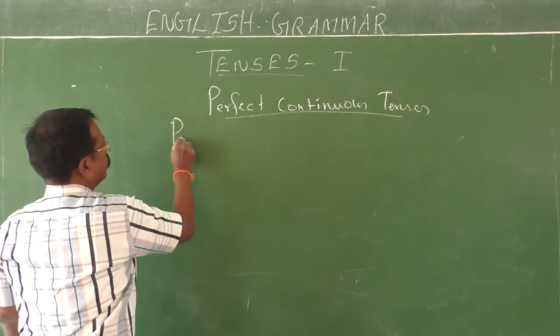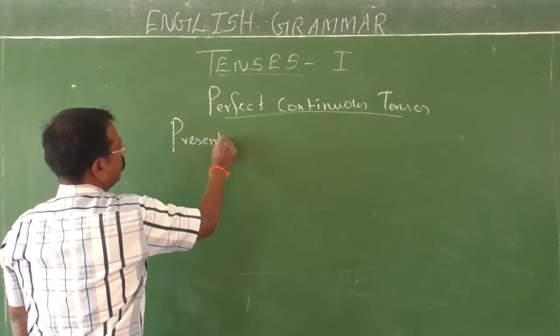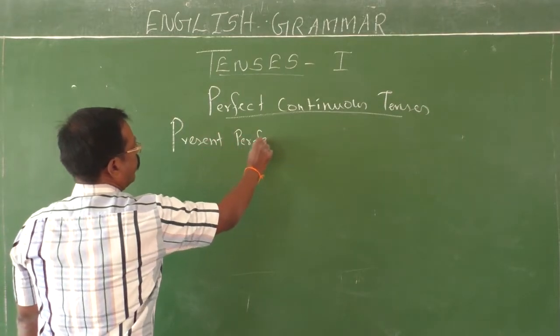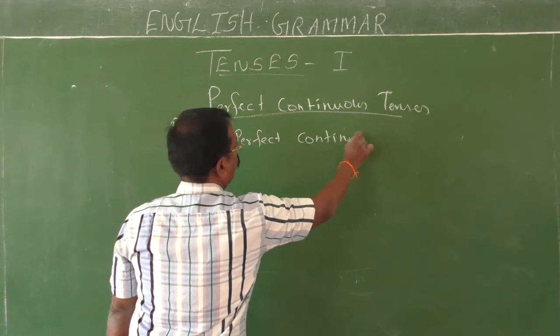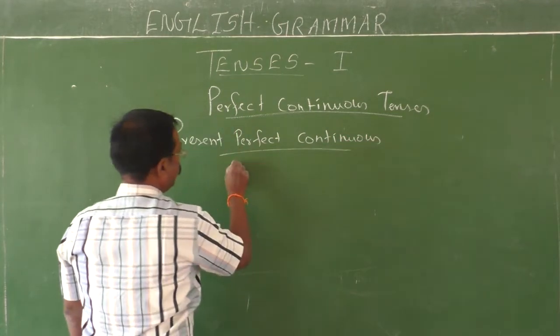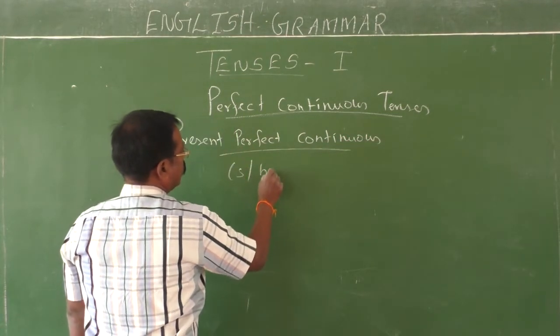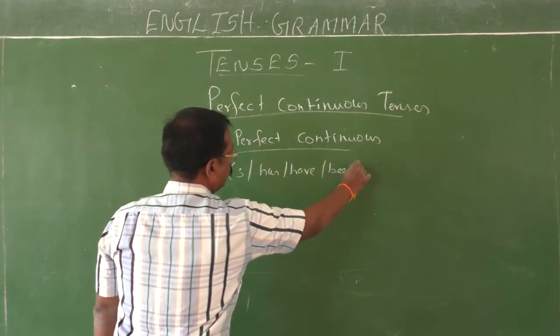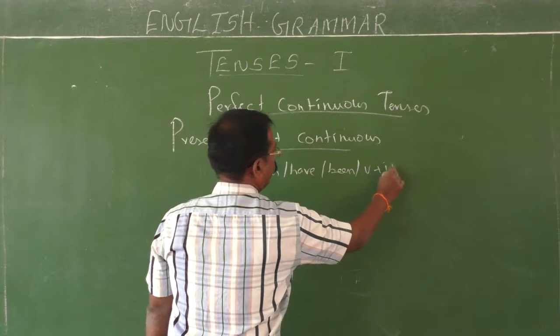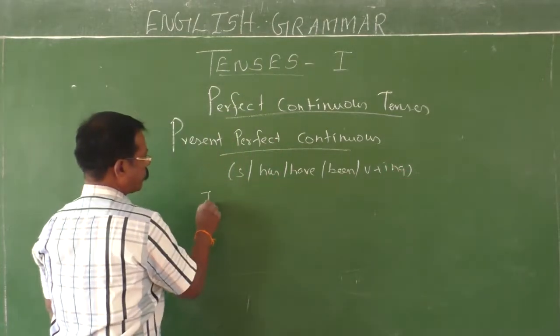First, present perfect continuous tenses. What is the formula for this tense? See, subject, has, have, been, verb plus ing.